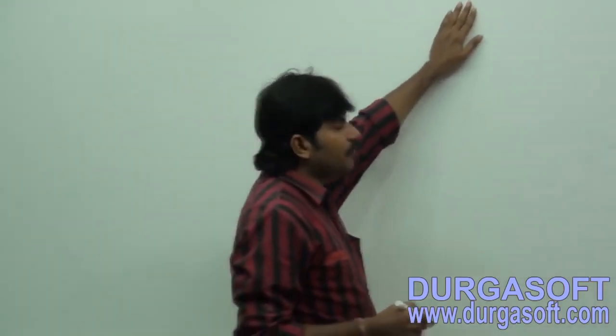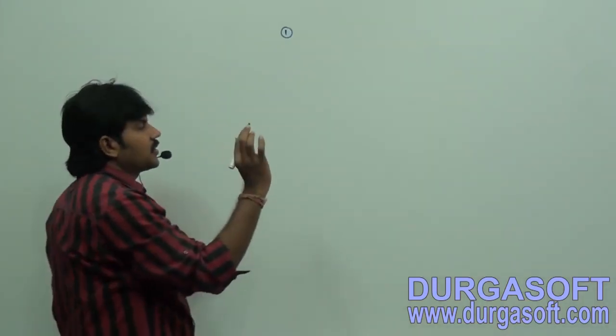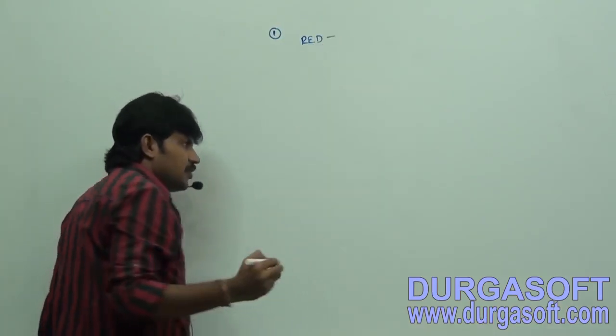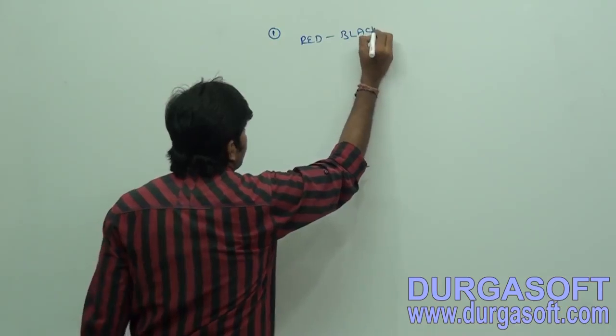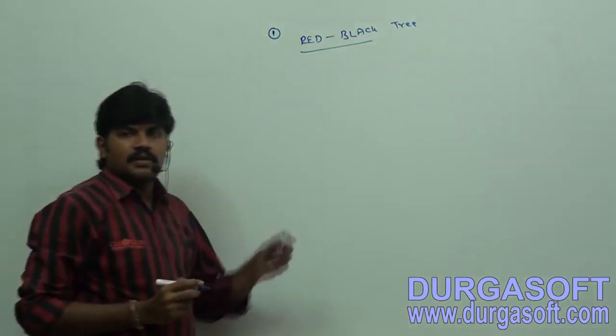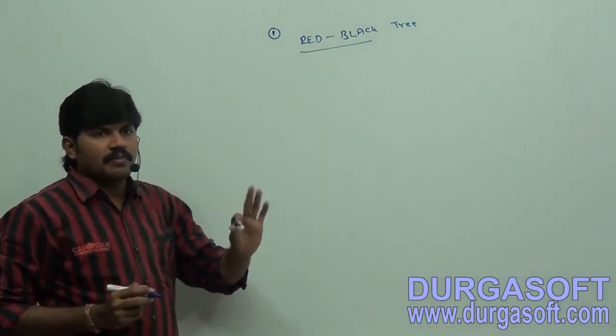Can you tell what is the underlying data structure for a tree map? The underlying data structure is red black tree. Underlying data structure for tree map is nothing but red black tree.